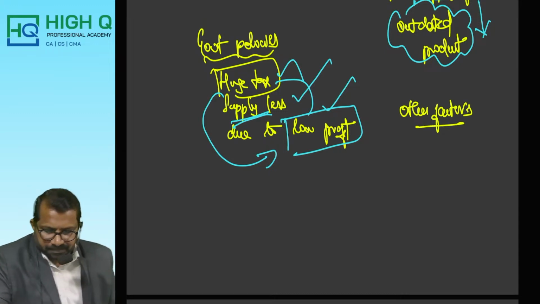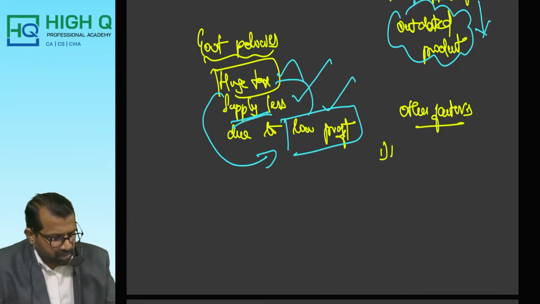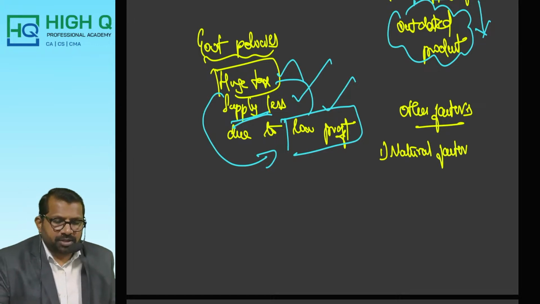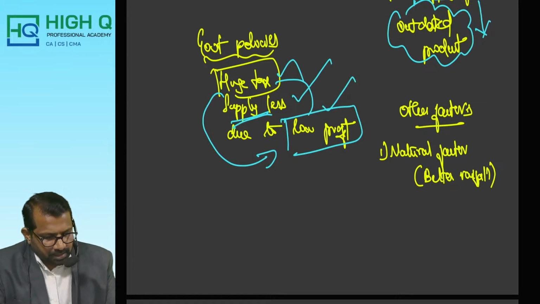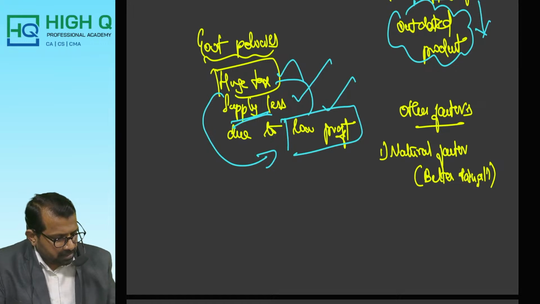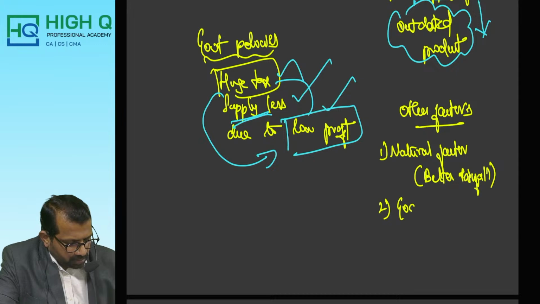Other factors which influence the law of supply, point number 1, natural factors. So better rainfall is required. Point number 2, goal of the firm.